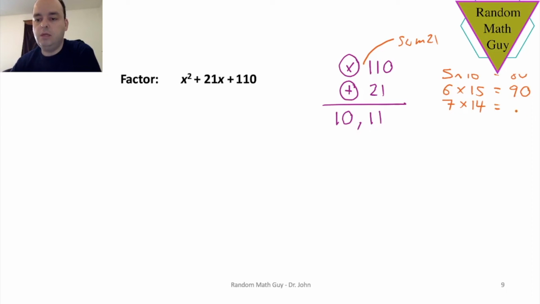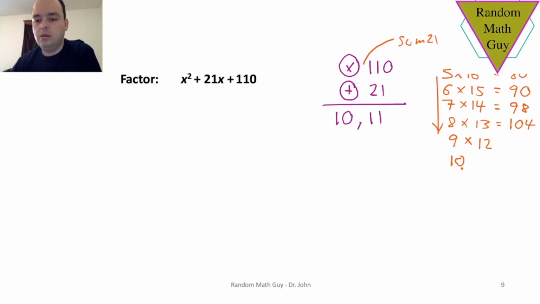So that would be 98. And then 8 times 13. Okay, this is ridiculous now. I think you know your times tables. But what I'm trying to show you here is that you could jump very quickly and search for that answer, which is getting close to where we want to be.